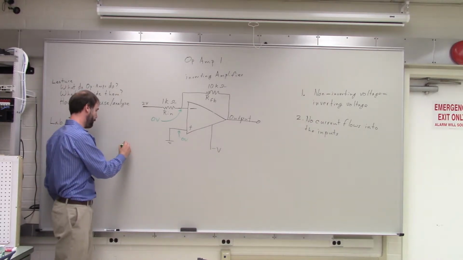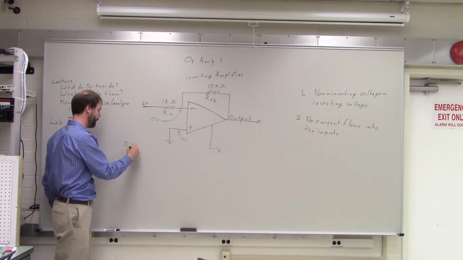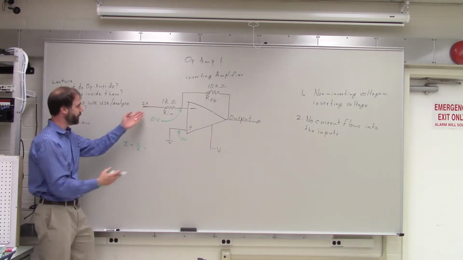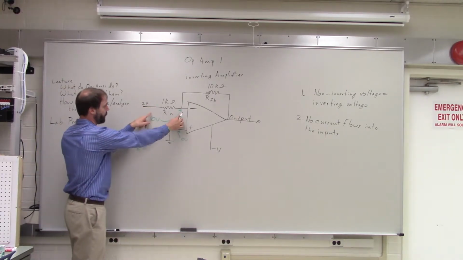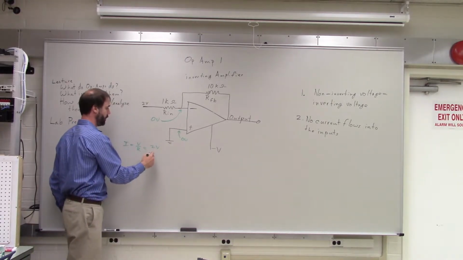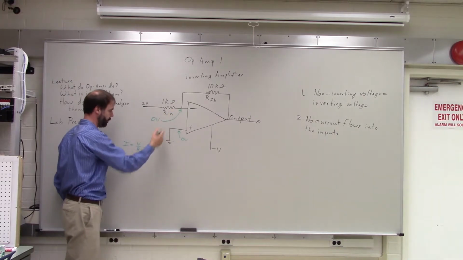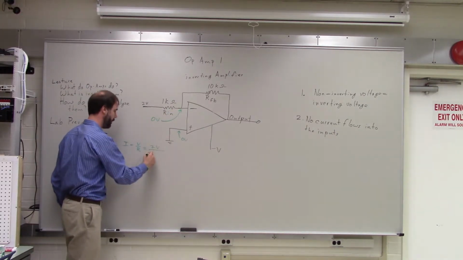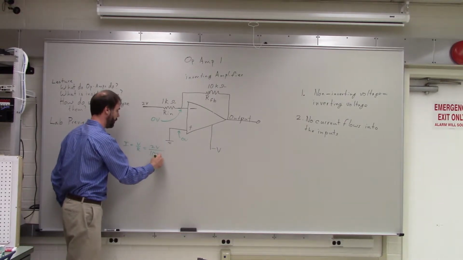So we say I equals V over R. In this case, the voltage is the voltage difference between the two sides of the resistor. So that would be 2 volts minus 0 volts, or just 2 volts, over our resistance, which is 1,000 ohms.